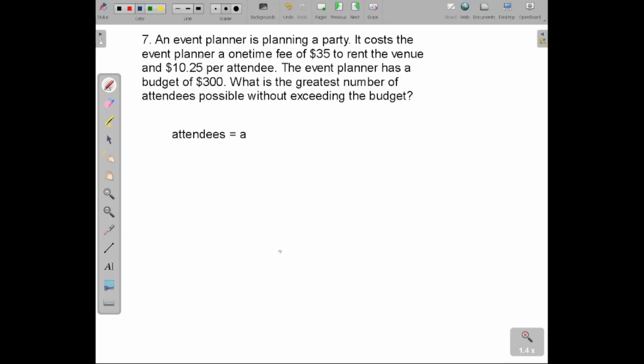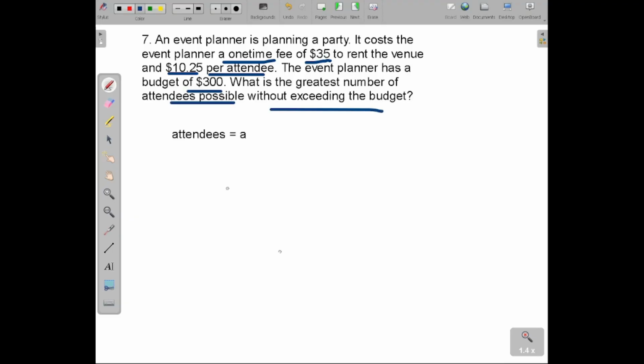7. An event planner is planning a party. It costs the event planner a one-time fee of 35 to rent the venue and 10.25 per attendee. The event planner has a budget of 300. What is the greatest number of attendees possible without exceeding the budget?